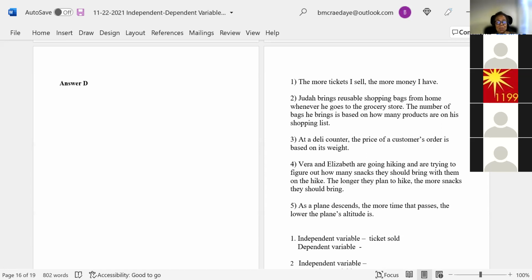No, the money you have depends on the tickets sold. Yes. So the dependent variable is the money you have. So the money you have, that's the output, is dependent upon the input, the tickets sold. Okay. Yes.